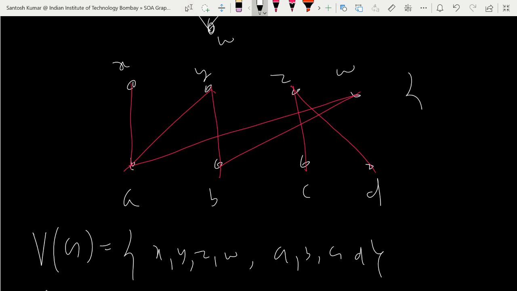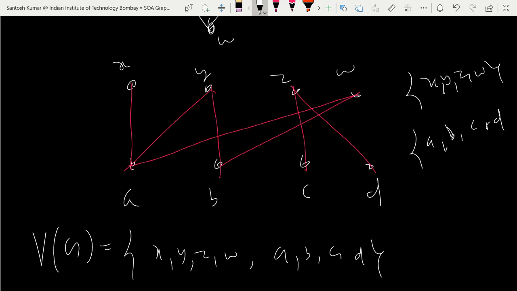Can we say x, y, z, w is an independent set? Yes, because all are non-adjacent to each other, because there is no edge between any two of them. And again you have the other set a, b, c, d.